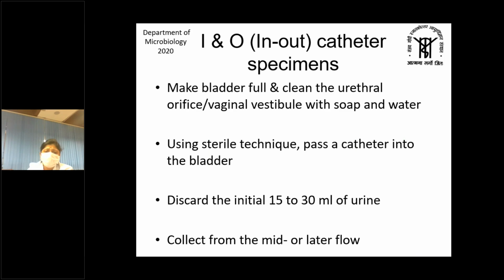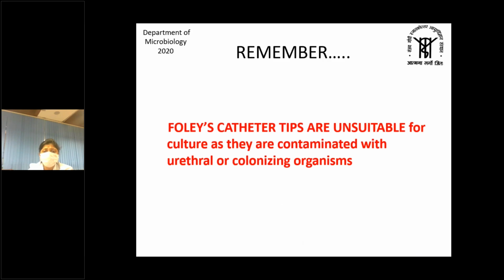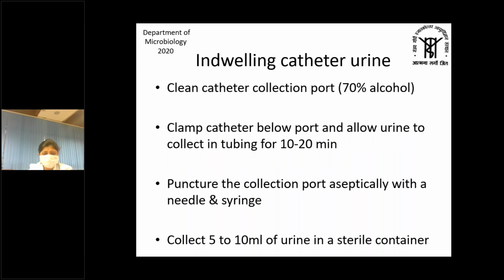Then I told you about the catheterized urine. Never collect urine from the bladder. Please remember that the catheter has to be clamped, and with a syringe you have to aseptically aspirate the urine from the tubing. Foley's catheter tips are unsuitable for culture as they are contaminated with urethral or colonizing organisms.